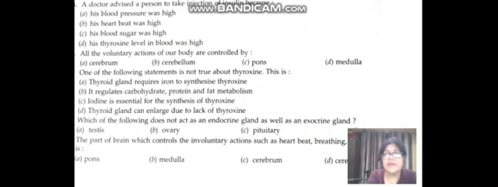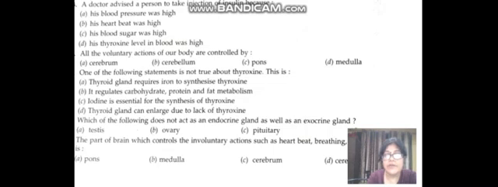But in the options we must be careful. Option A says blood pressure was very high, option B says heartbeat was very high, option C says blood sugar was high. If the sentence mentions blood sugar level, go for that option. So option C is the right answer.